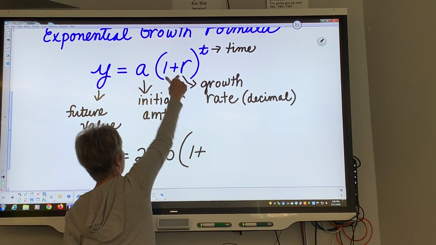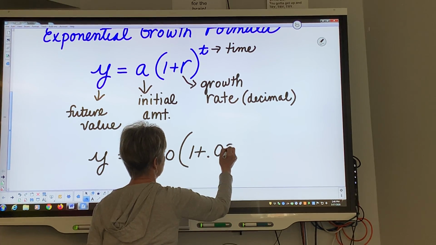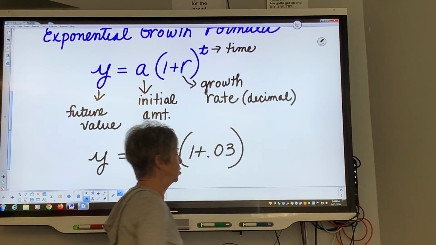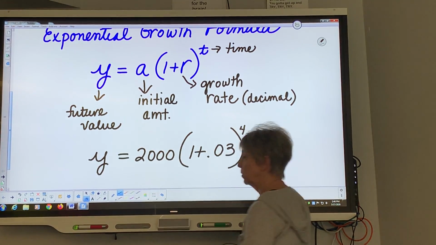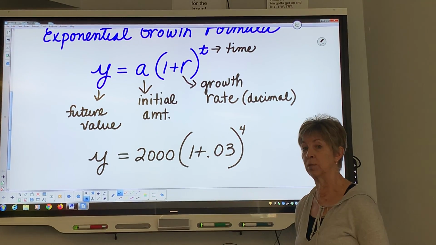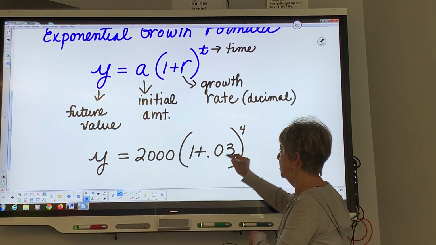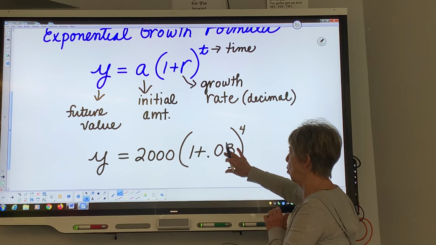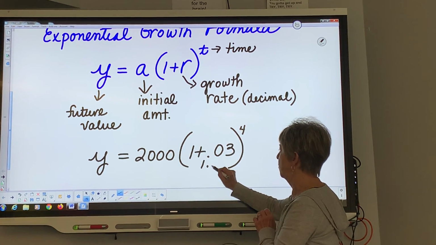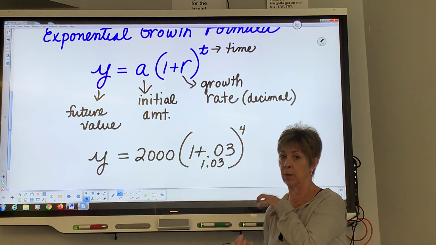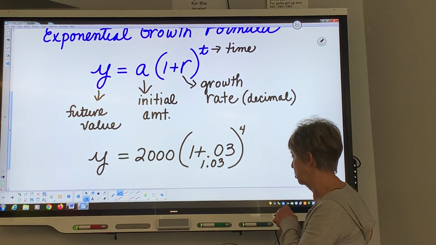I'm going to put 1 plus, my interest rate was 3%, and we want to see how much you're going to have in 4 years, so I'm going to raise it to the 4th power. So you can see why this is an exponential growth, because remember, if I add 1 plus 0.03, I have 1.03. The base is a number bigger than 1, so it's going to be a growth function.